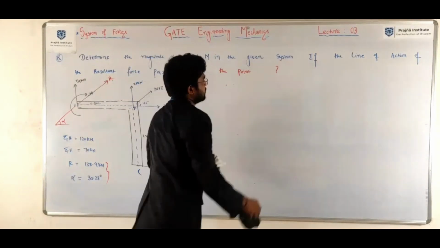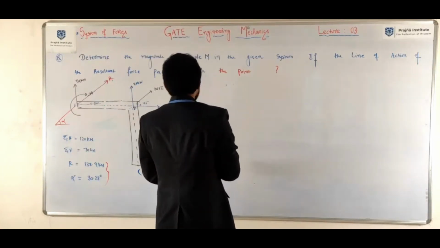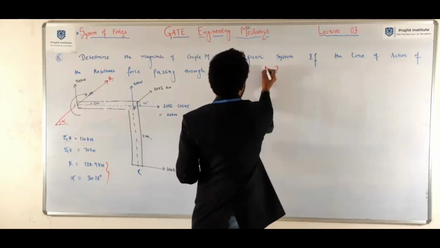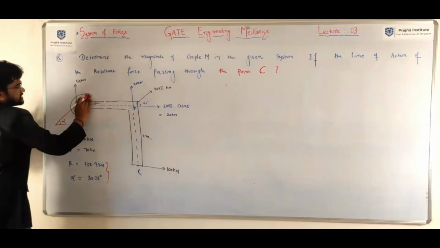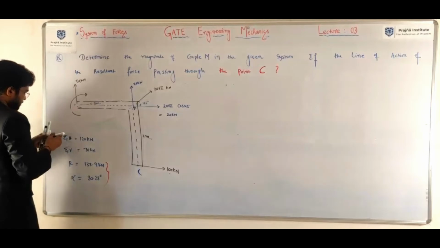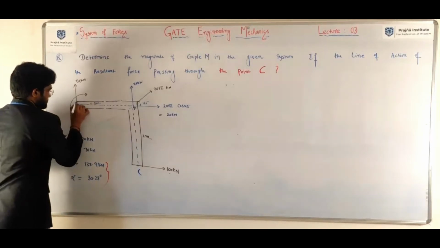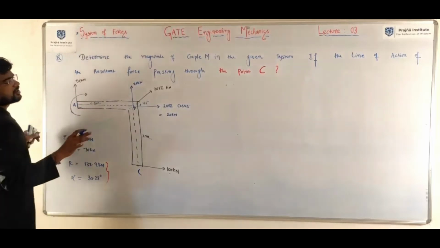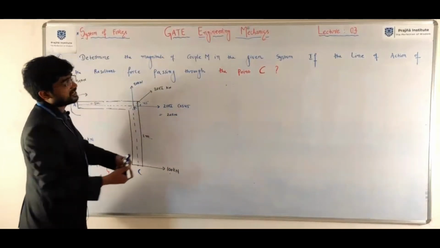See here. Now the question is, it is passing through point C. If the line of action of the resultant force passes through point C, okay? So the question is the same, but the conditions are different.